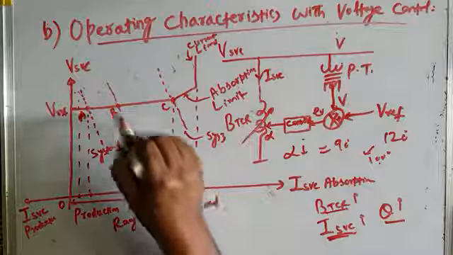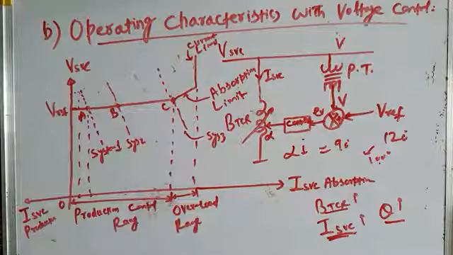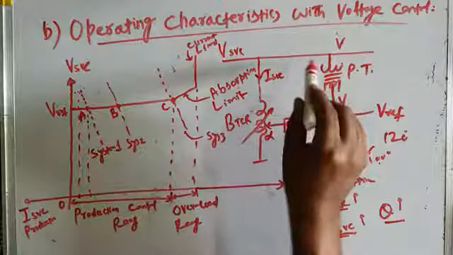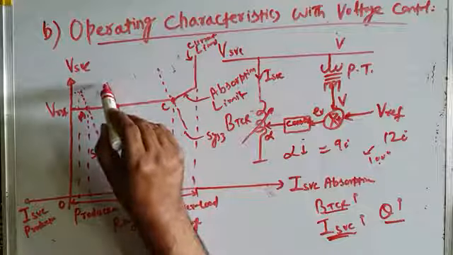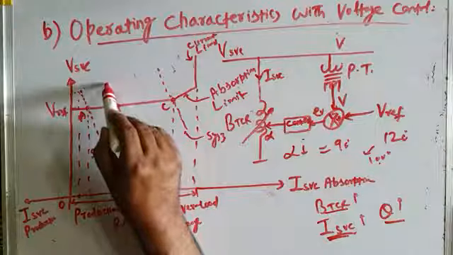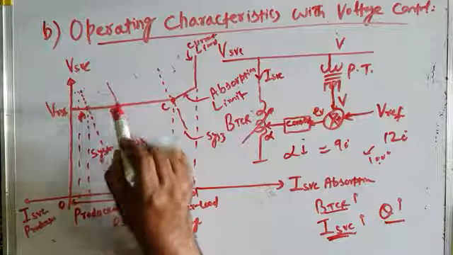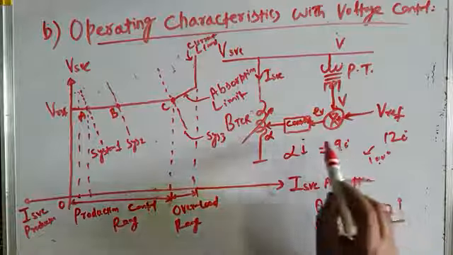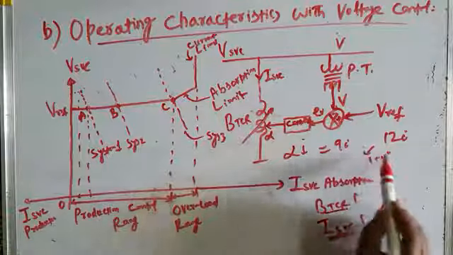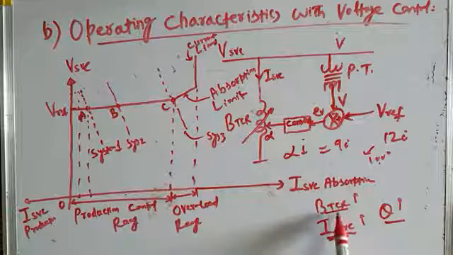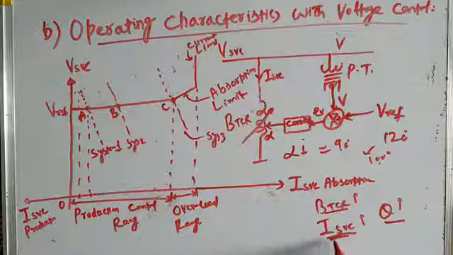Now if our system is this, system 2, here also because of leading VARs the excess reactive power will be there, and V will be greater than Vref, and then again what will your controller do? It will decrease the delay angle so that TCR susceptance increases, ISVC increases.